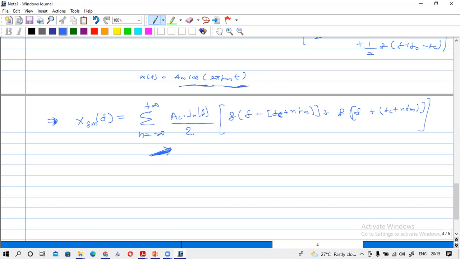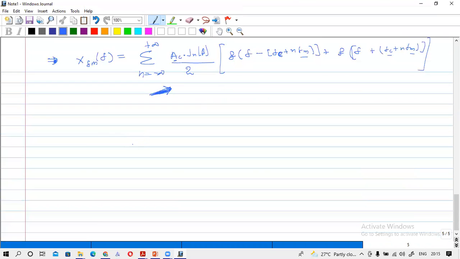So we know fm, we know fc, and we know AC. We can find the Bessel function using the Bessel table. Then you can find the spectrum. So I think this method is easy. For example, this beta is the modulation index.